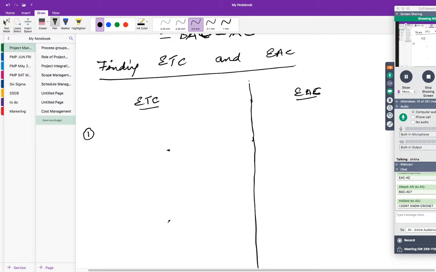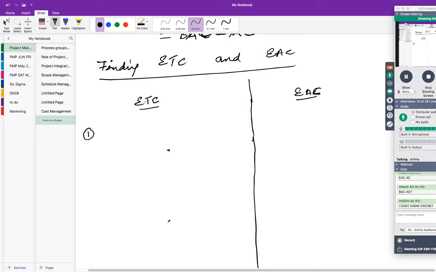Fine. So what is ETC? ETC is where you're trying to find out the money which is required to complete the rest of the work, the remaining work. Let's say you're assuming that you will do the rest of the work in the same way.